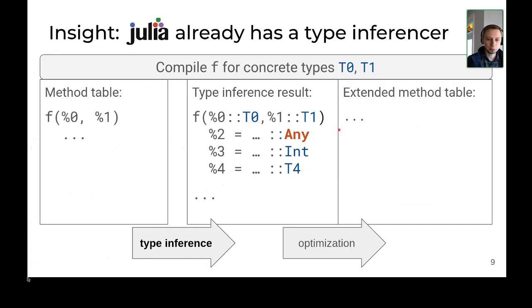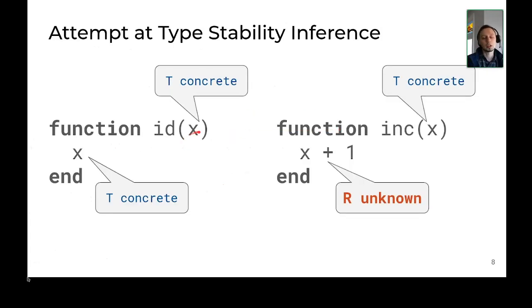So the algorithm we try to propose is based on the observation that the naive inference, where we start with a concrete type as the input and try to carry that information to the output, works in the simplest cases maybe, but any operation, as I said before, goes through the dispatch.